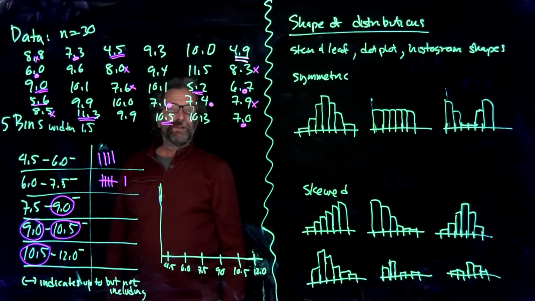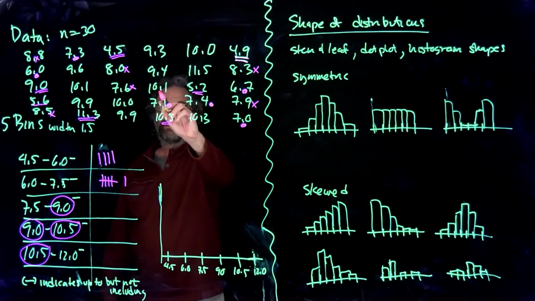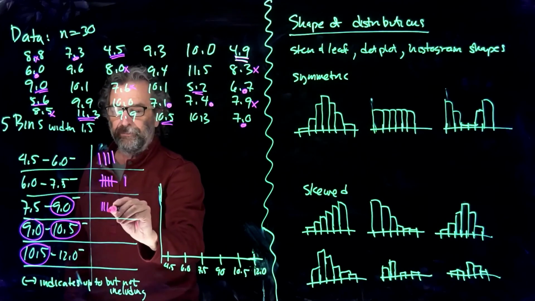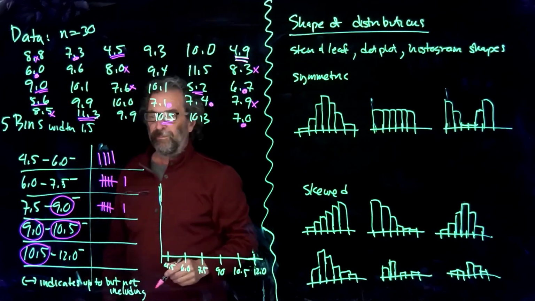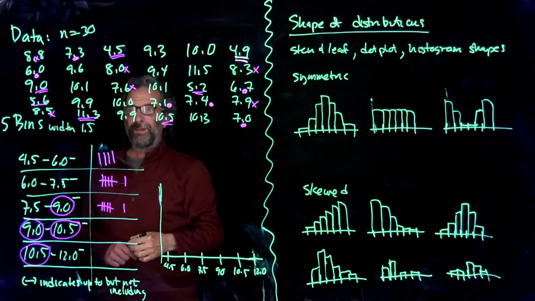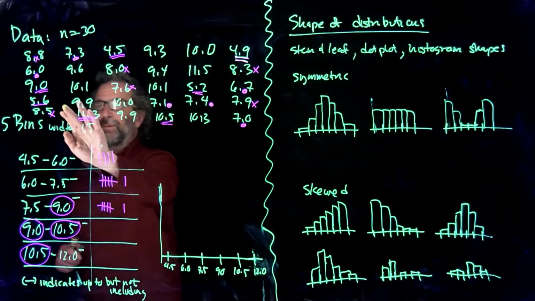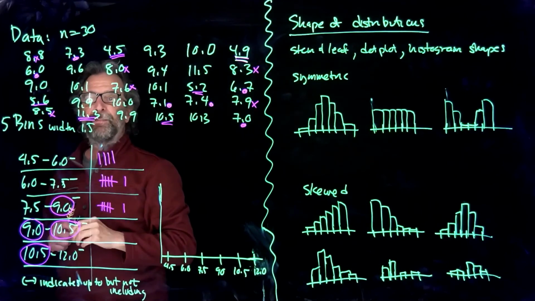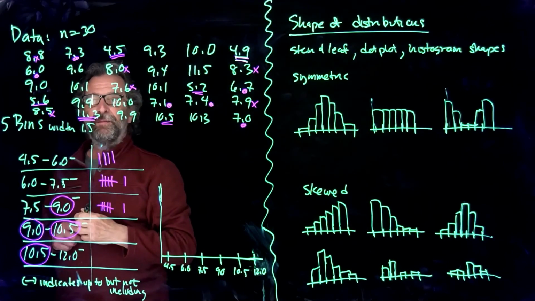1, 2, 3, 4, 5, 6, maybe. Oh, but not including 9. So this guy, I had him marked because he's an outline. He's the one that I have to worry about. Okay. 5.6.